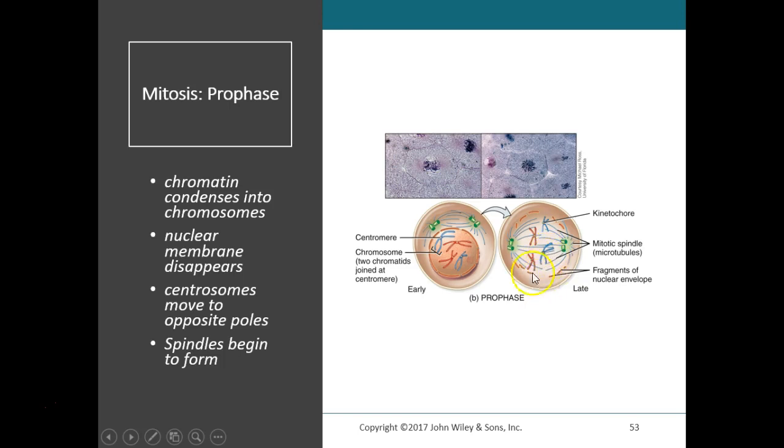So the spindle fibers are going to form from this centrosome and attach to those centrioles. So the centrioles start moving to the opposite ends of the cell. Okay, so remember, prophase, the nuclear envelope disappears, chromatin condenses into chromosomes, centrosomes move to opposite poles, and the spindle fibers form.